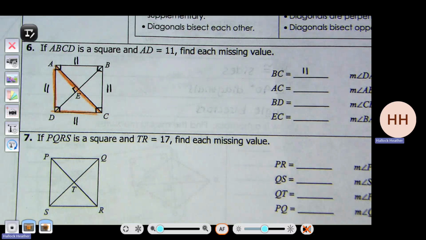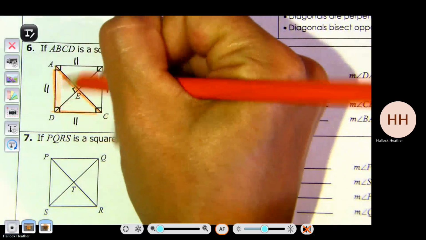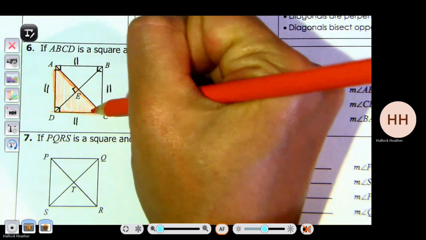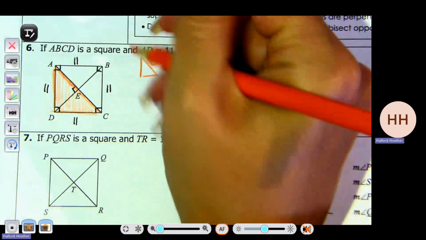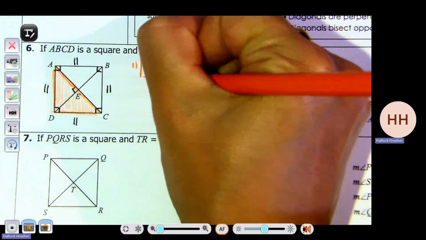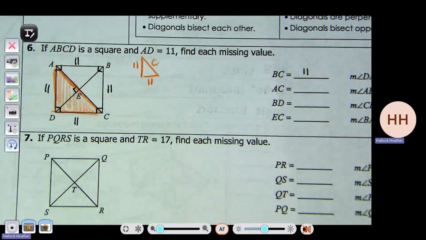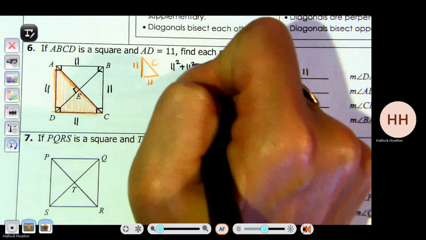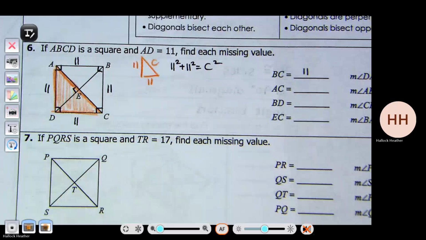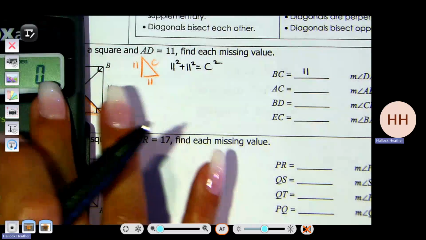So is AC the hypotenuse, or is it going to be A or B? The hypotenuse. So I have to find C, and I'm using 11 squared plus 11 squared equals C squared. So 11 to the power 2 is 121.